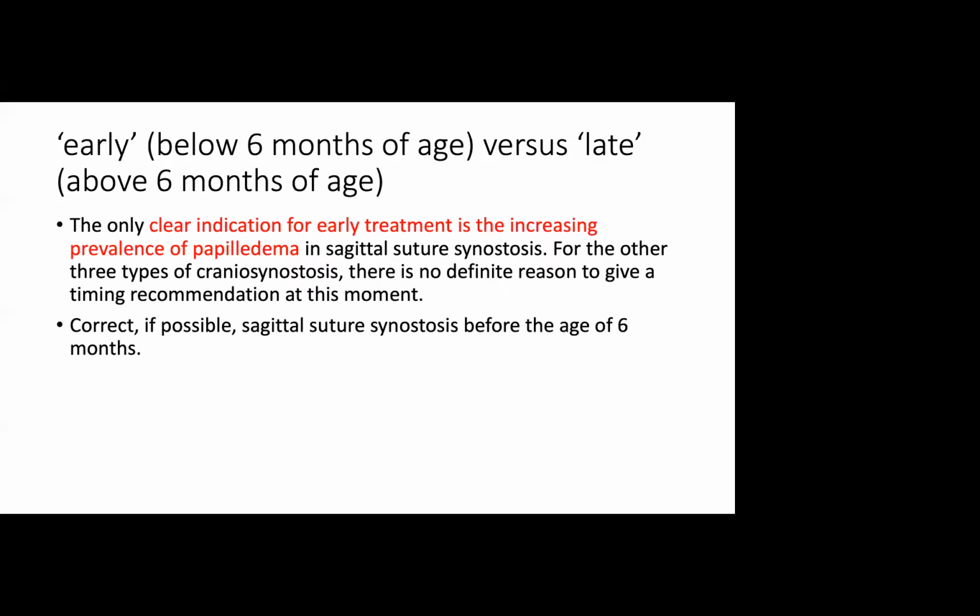The only clear indication for early treatment is the increasing prevalence of papilledema in sagittal suture synostosis. For the other 3 types of craniosynostosis, there is no definite reason to give a timing recommendation at this moment. So for sagittal synostosis, correct it, if possible, before the age of 6 months.